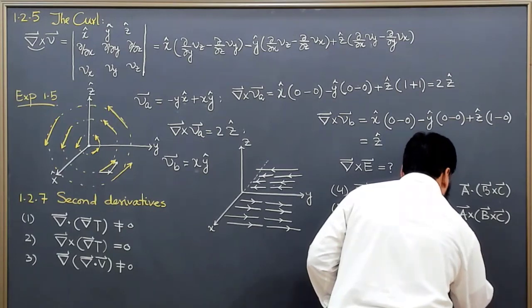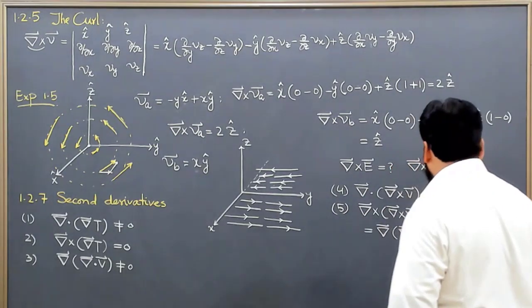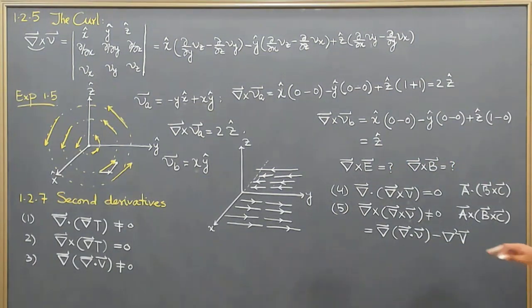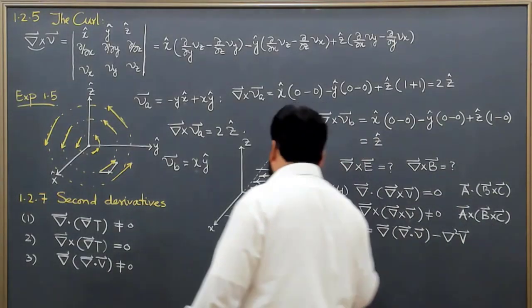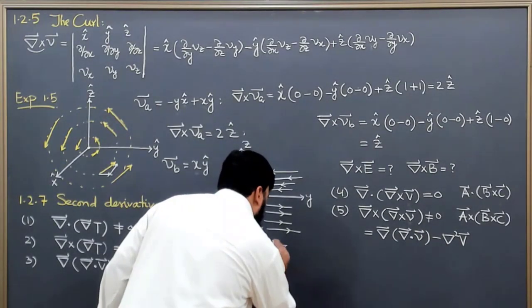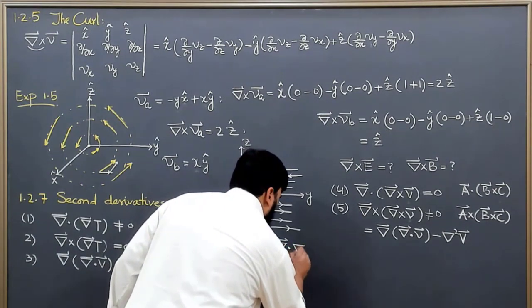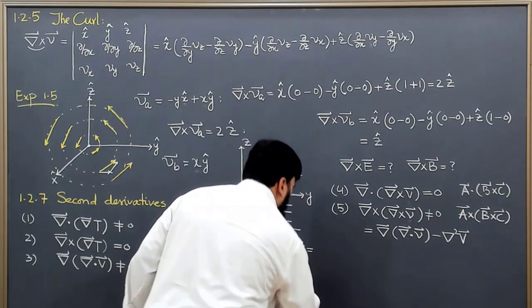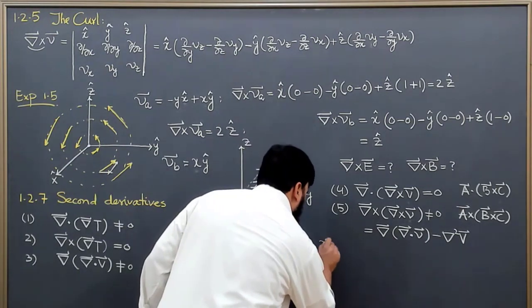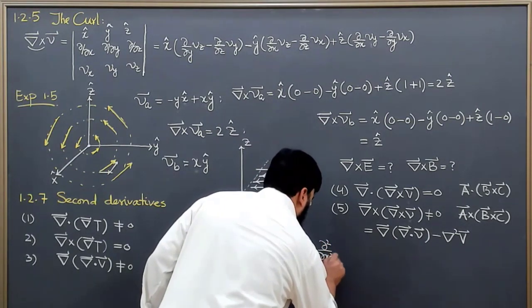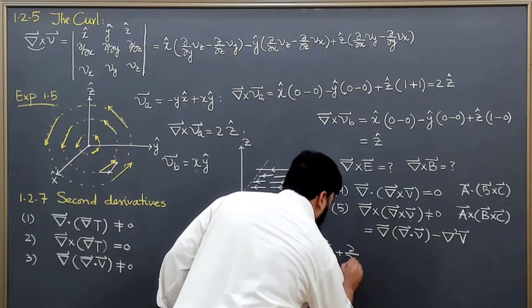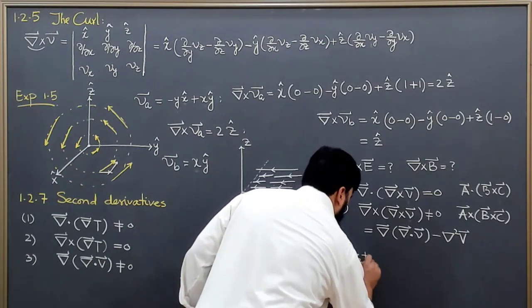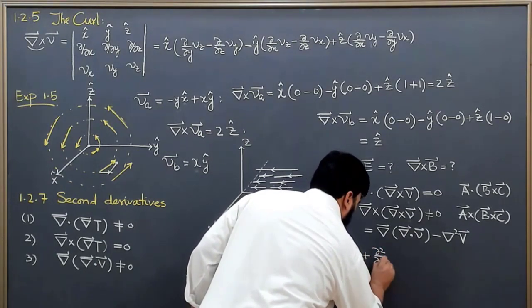We will discuss the del squared in coming lectures. It's called the Laplacian, and it is del dot del, like the two dels multiplied, the dot product between two gradients, and this will be equal to ∂²/∂x² plus ∂²/∂y² plus ∂²/∂z².